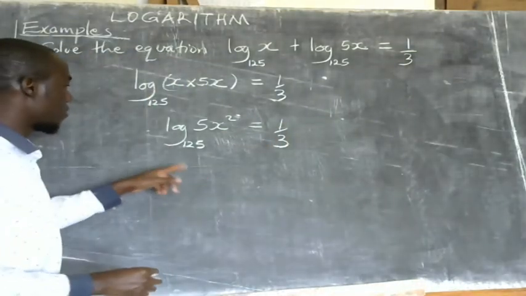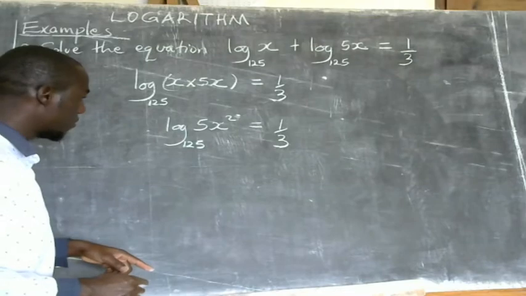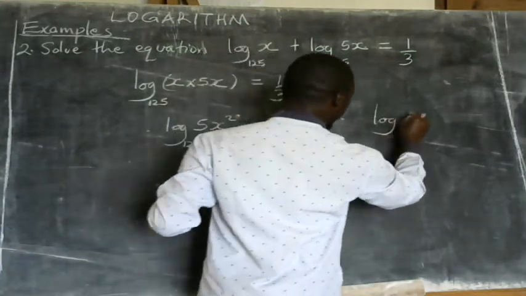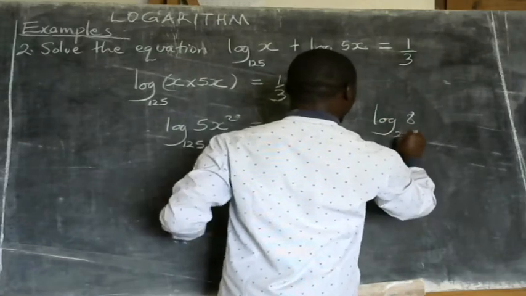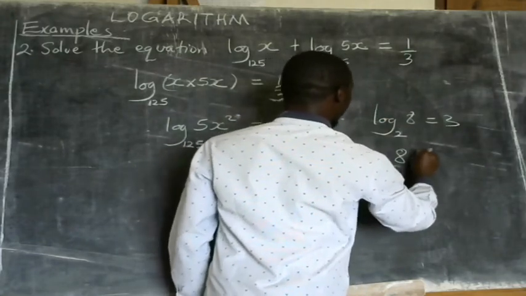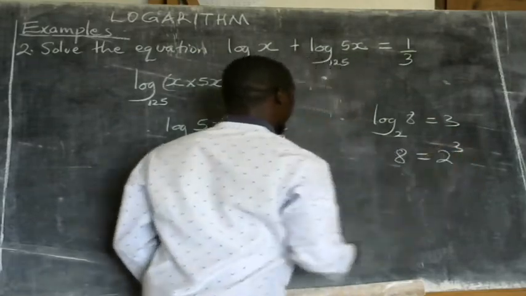Now, I'm going to write it in index form, recalling my log of 8 base 2. This one is 3. So index form, this is 8 is equal to 2 power 3 there.